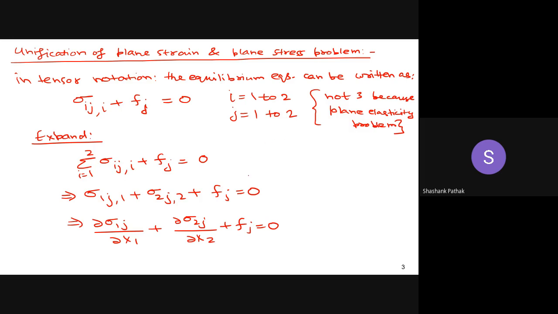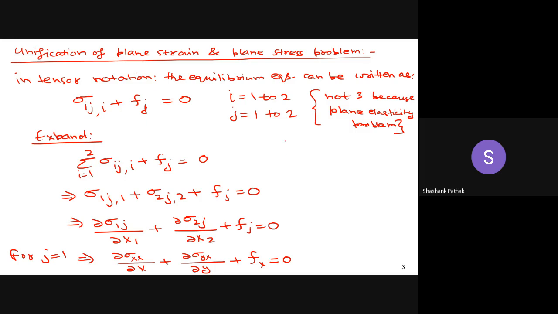Now for j equal to 1, sigma 11 is nothing but sigma xx, so del sigma xx by del x, plus del sigma 21, where 2 is y and 1 is x, so del sigma xy by del y, plus f1, where 1 is basically x, equal to 0.